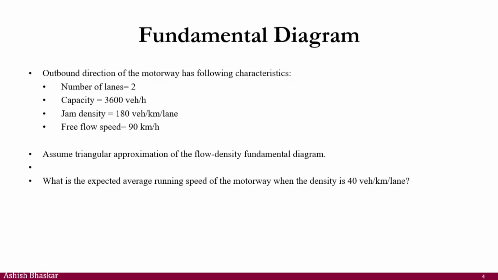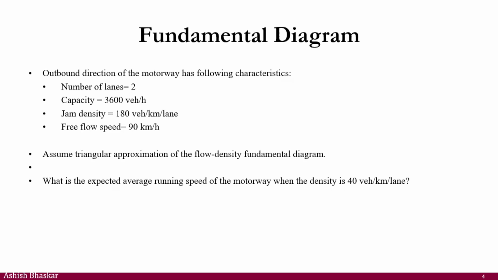The capacity is given as 3600 vehicles per hour, so please check the unit. Jam density is 180 vehicles per kilometer per lane. Free flow speed is 90 kilometers per hour. Assume a triangular approximation of the flow density diagram.